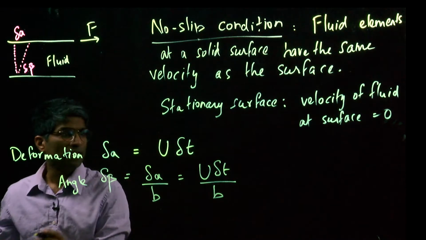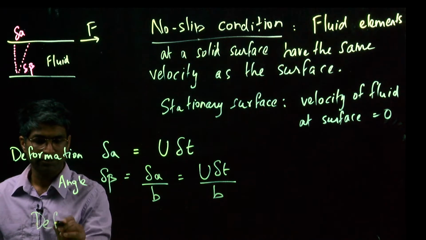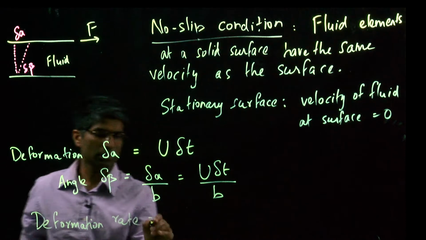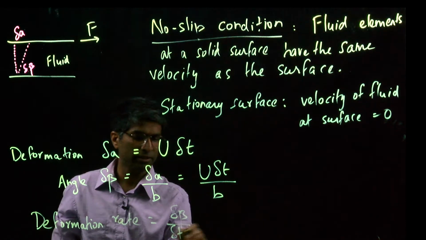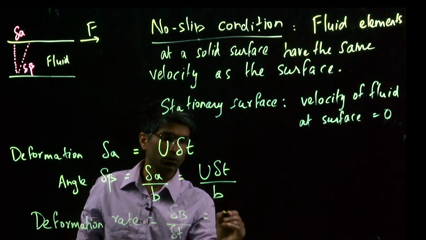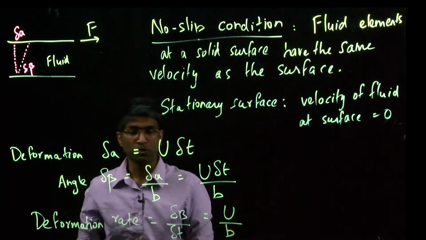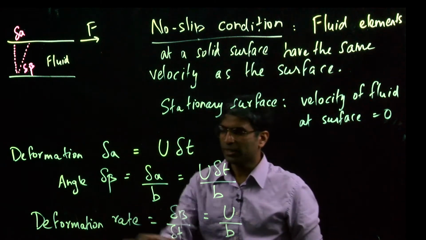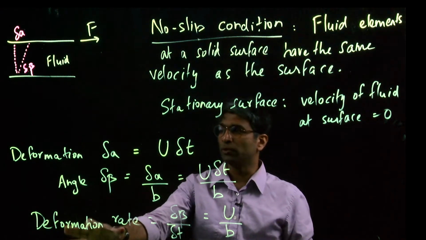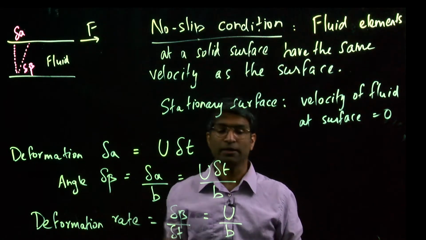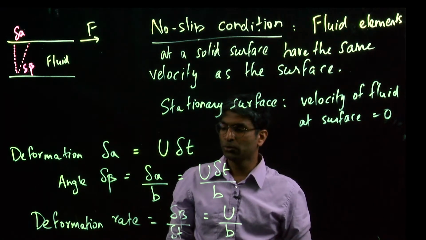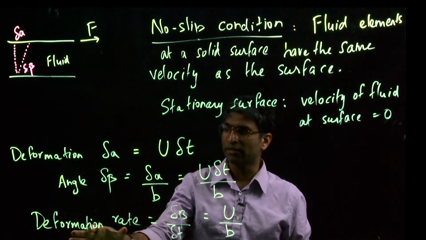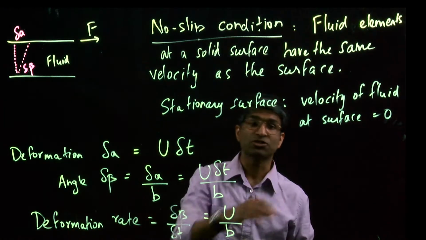And the rate at which this angle is changing, the deformation rate, is delta beta over delta t, and that from here would become u over b. So we can only talk about a deformation rate in a fluid because there's no fixed deformation unlike a solid. What we are going to do now is, just like in a solid, relate this deformation rate rather than a deformation to the applied stress.